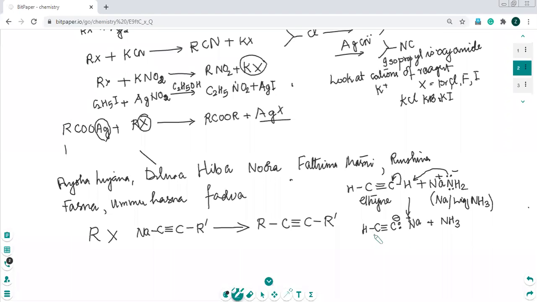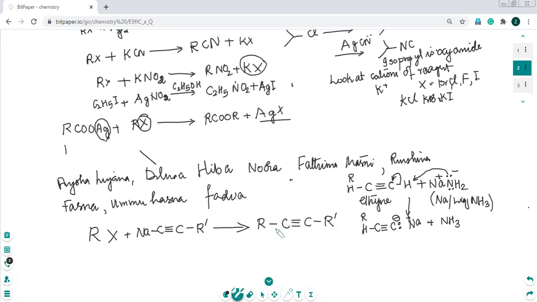Now, if your starting material has R instead of H, suppose your starting material contains R here, then this will be R. Okay, so that is what you are taking here, and that is what you are reacting with an alkyl halide.